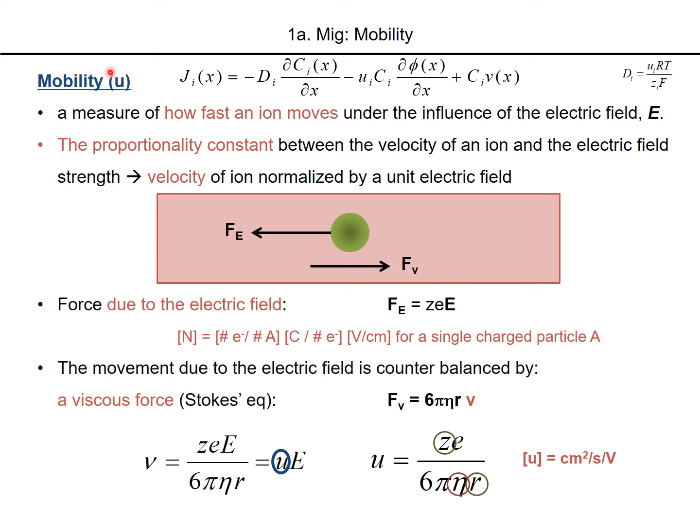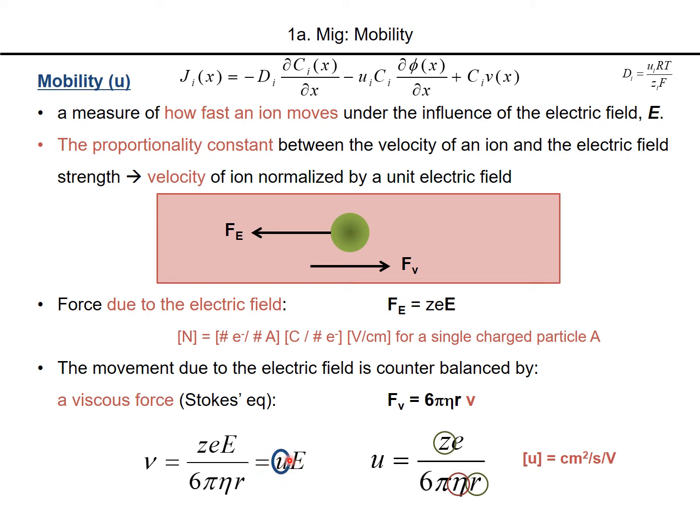Symbolized by u, it is a measure of how fast an ion moves under the influence of the electric field, symbolized by E. That is to say, mobility is the proportionality constant between the velocity of an ion or a charge carrier and the electric field strength. Here is the equation. Velocity of an ion is proportional to the electric field with its proportionality constant, that is the mobility.